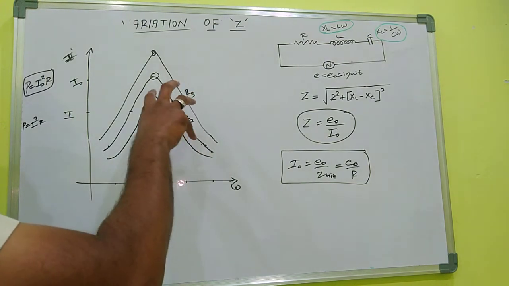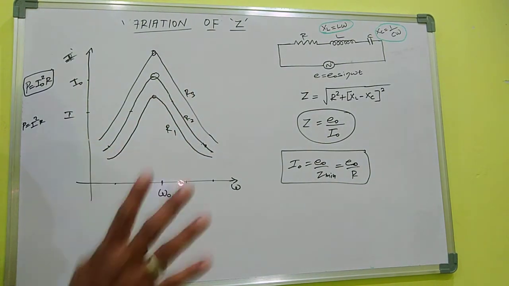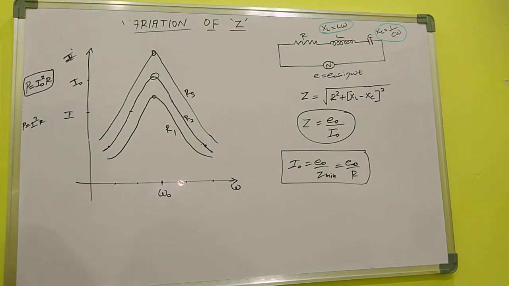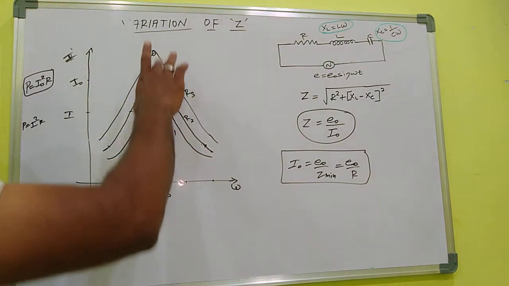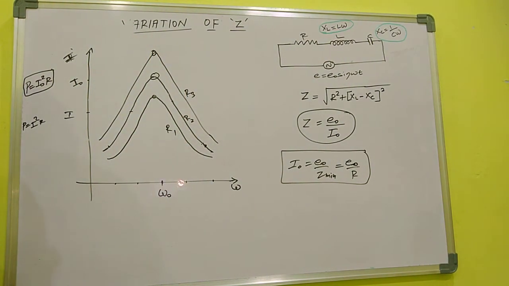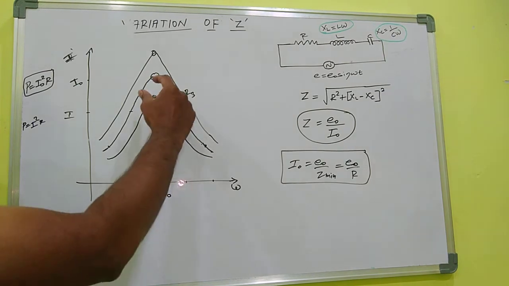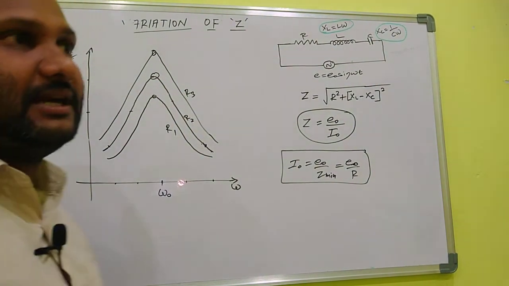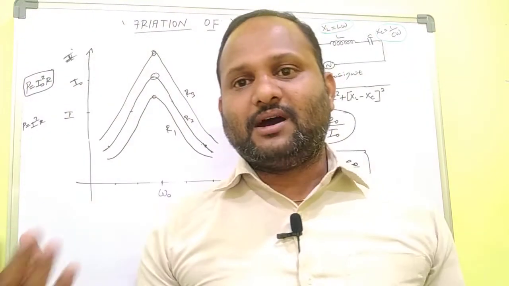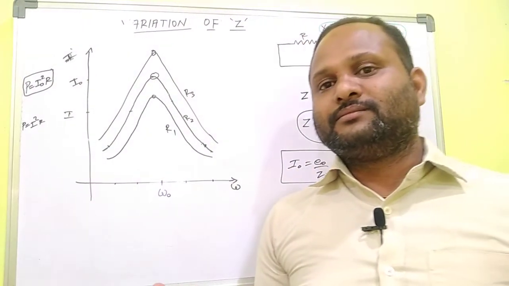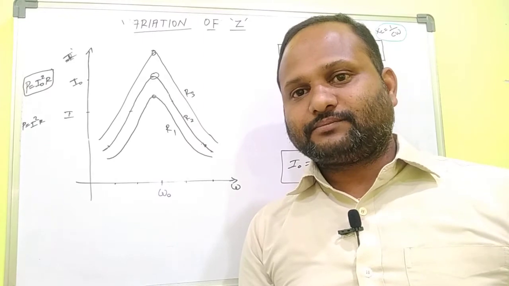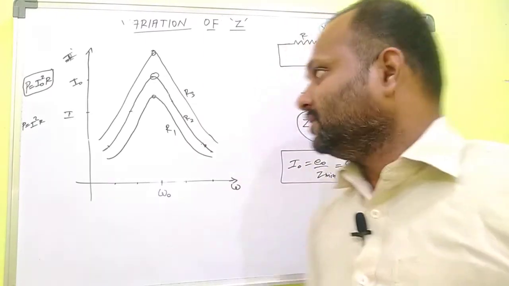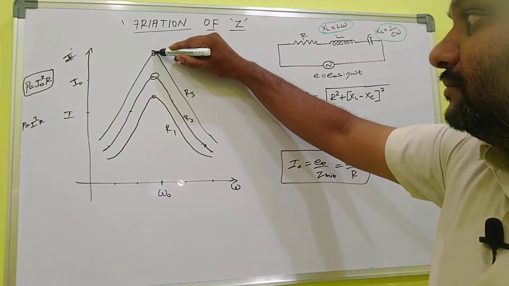Three resistors are connected in the circuit at a particular frequency. There are three graphs we drew. In this, R1 is greater than R2 is greater than R3, or otherwise R3 is greater than R2 is greater than R1. There are two possibilities.